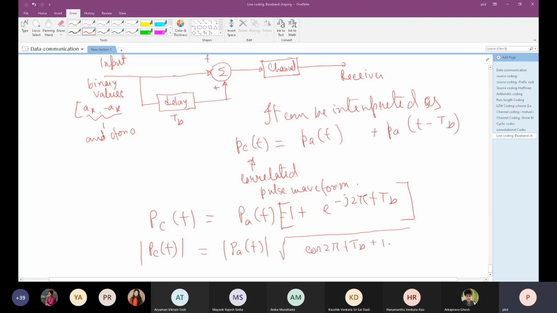Then what will happen? Cosine plus square root of mod of 1 plus cosine twice pi f TB plus 1.